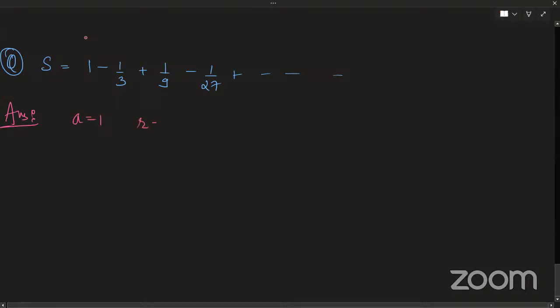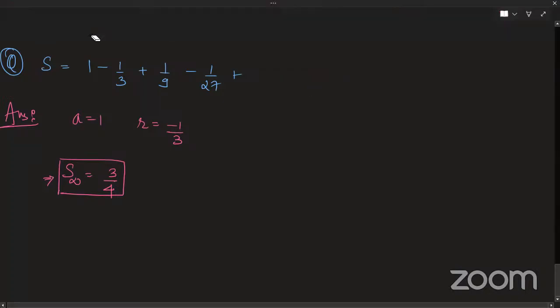And R is equal to minus 1 by 3, correct. So the sum of infinite terms will be how much? 1 by 1 plus 1 by 3, which is 3 by 4. Everyone got it right? It will be 3 by 4, right?